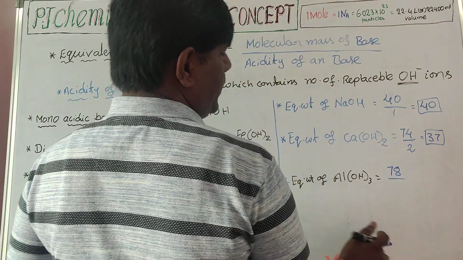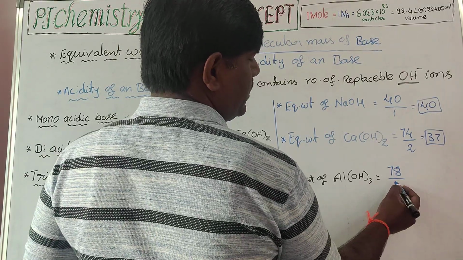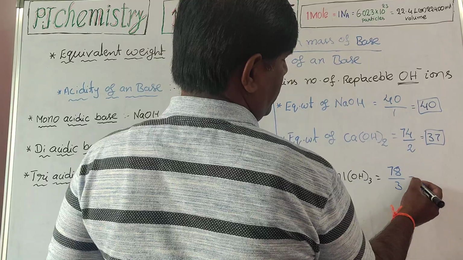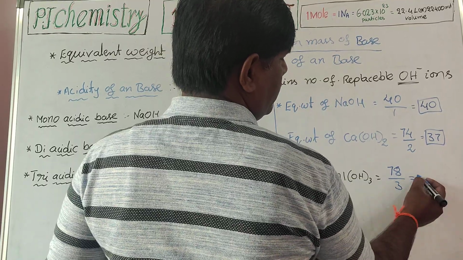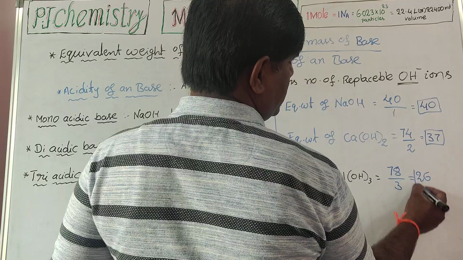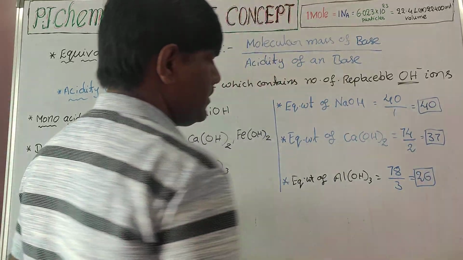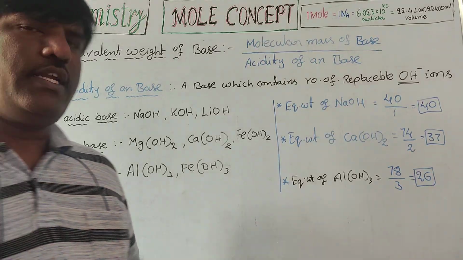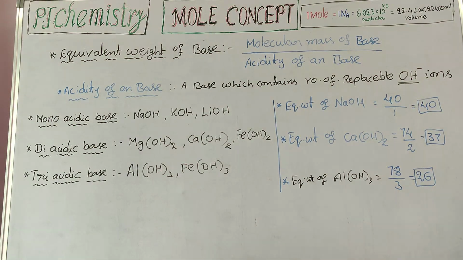What is the acidity of this base? 3 OHs are there, no? So 3. Now simplify it: 78 by 3 is 26. The equivalent weight of aluminum hydroxide is 26.